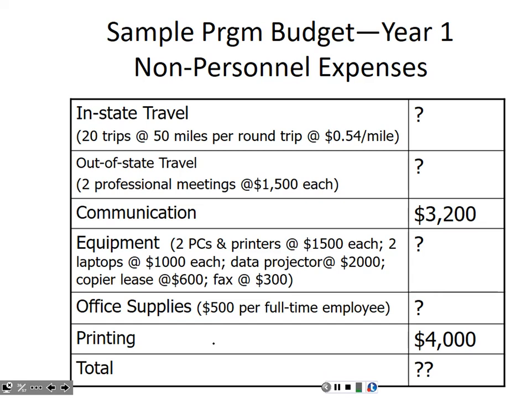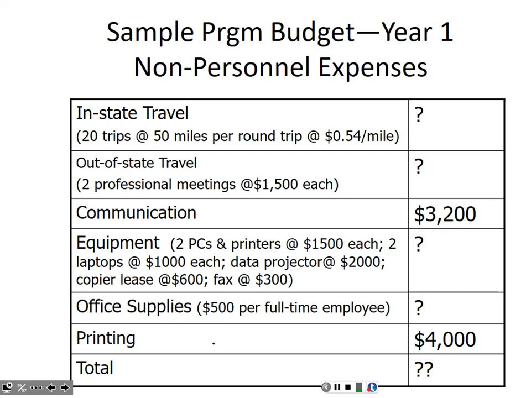Out-of-state travel, however, is not estimated based on mileage. So out-of-state travel for conferences, professional meetings, etc., is typically estimated based on the number of meetings that our staff will participate in.